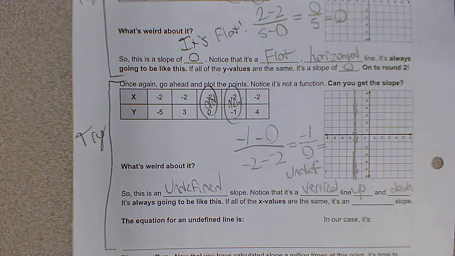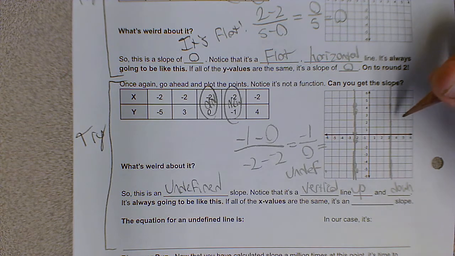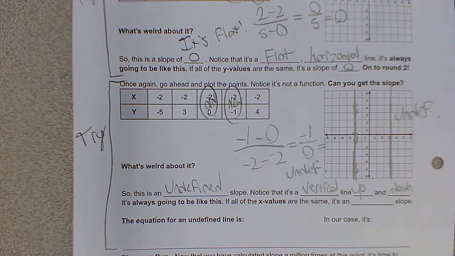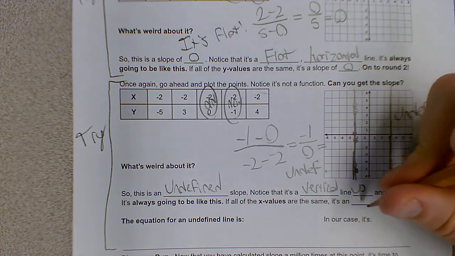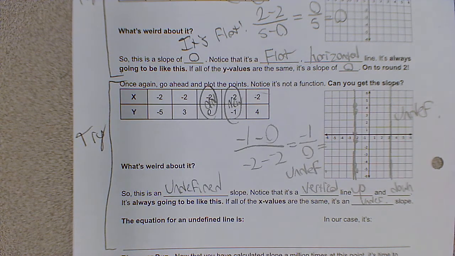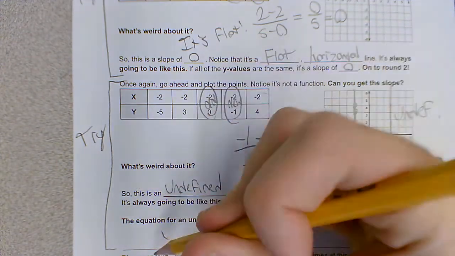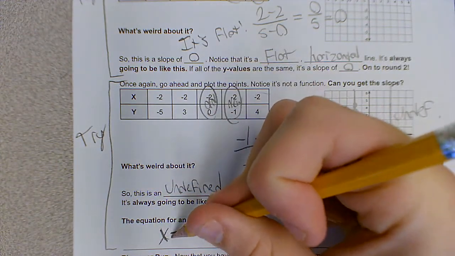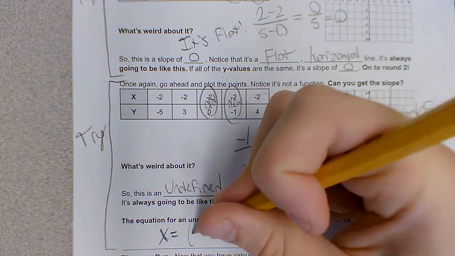So it's always going to be like this. If you see a vertical line, it's going to be an undefined slope. If all of its x values are the same, like we saw here, it's an undefined slope. So undefined slopes have a special way to write their equation. Instead of y equals, we're going to call it x equals. And our x is going to be the x values.